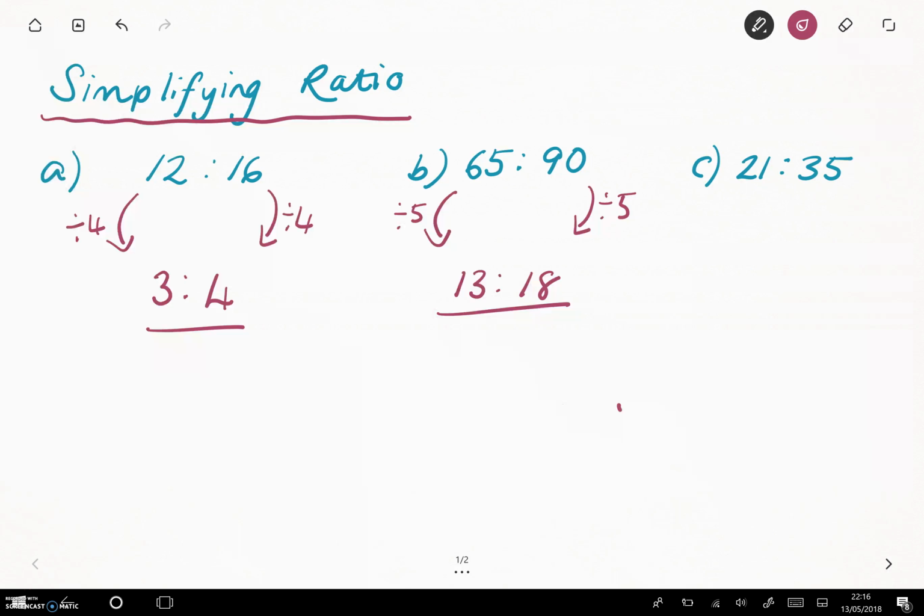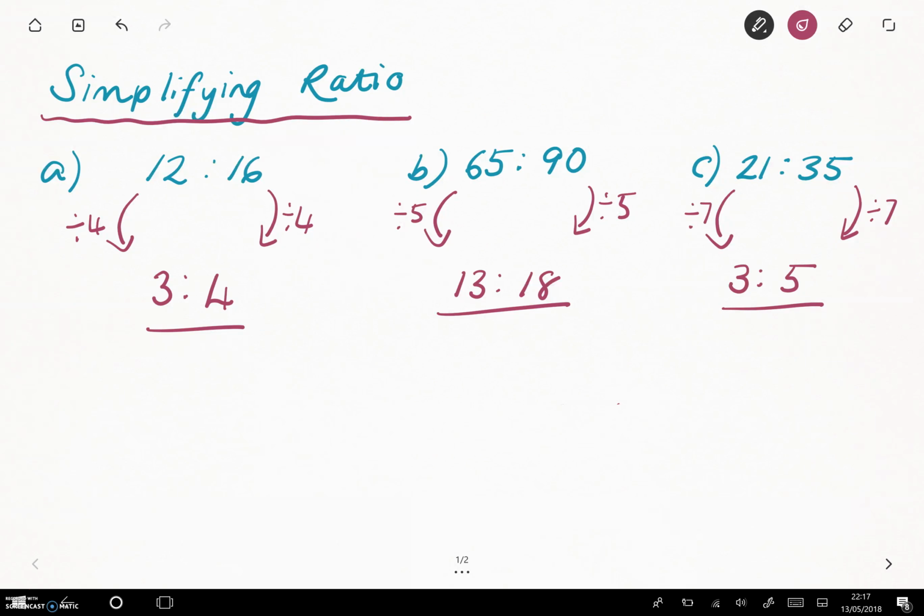And the last one, if you think to yourself, okay, 21 and 35, whose times table are they both in? They're both in the 7 times table, so I'm going to divide by 7. Okay, 3 7s in 21, 5 7s in 35. So those are my simplified ratios.